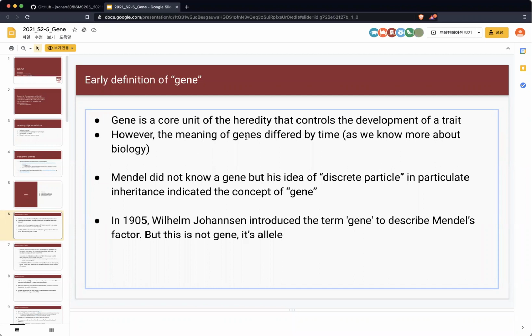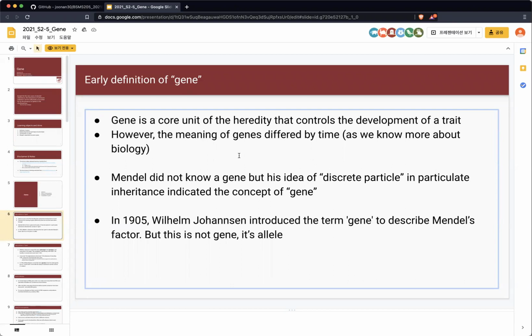As we know more about biology, the concept of the gene is perceived slightly differently in many different contexts. And one thing we can obviously say is that Mendel did not know about the gene, and his idea about discrete particles in his model of particulate inheritance is actually indicating the concept of gene or allele, right?